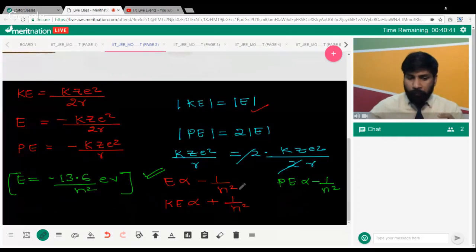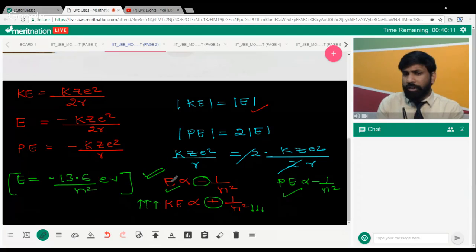If n is decreasing, kinetic energy is increasing, because kinetic energy has a positive sign. But total energy and potential energy have a negative sign, so in their case it is just opposite.